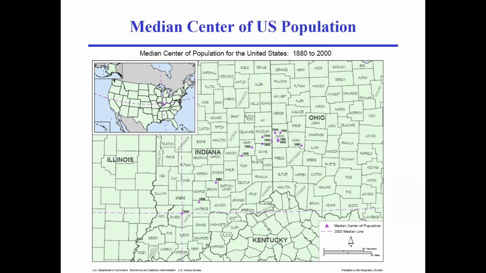So you can say that people are moving west. That's the reason why mean center and median center of population for US, they are both moving west in the last 2 centuries.